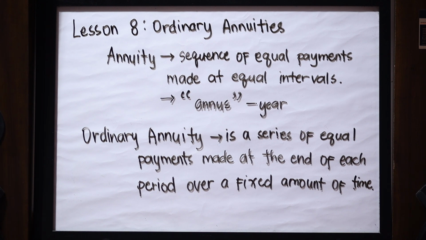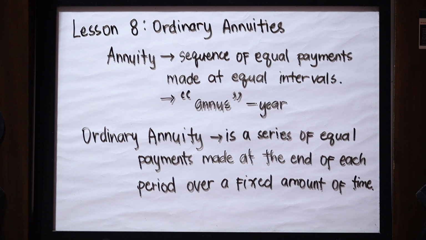Annuity comes from the Latin word annus, which means year. So an equal payment is paid on a yearly basis. However, other terms like semi-annually, quarterly, and monthly are also possible for an annuity. Because there are a lot of kinds, types, and classifications of annuity. But we will focus on ordinary annuities.